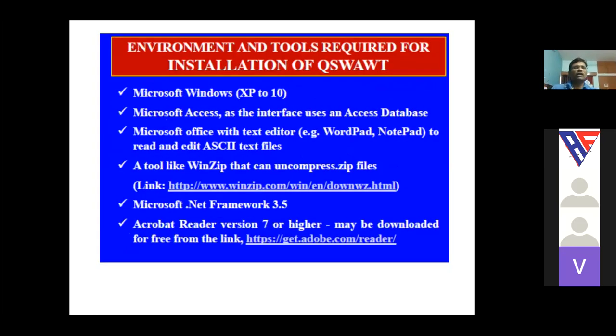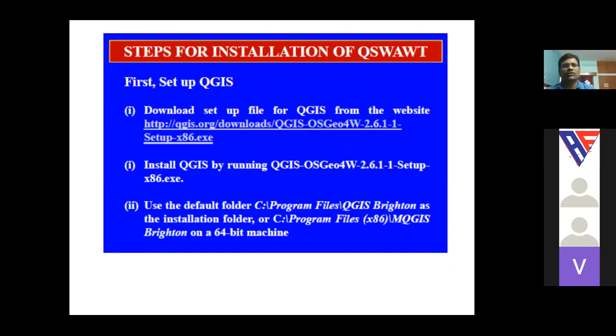Now, before installing SWAT and QSWAT, we also need some basic software, like Microsoft Windows, Microsoft Access, WinZip, Microsoft .NET Framework, and Acrobat Reader. These are the basic things which we require for the SWAT model. Now, how to install the QSWAT.